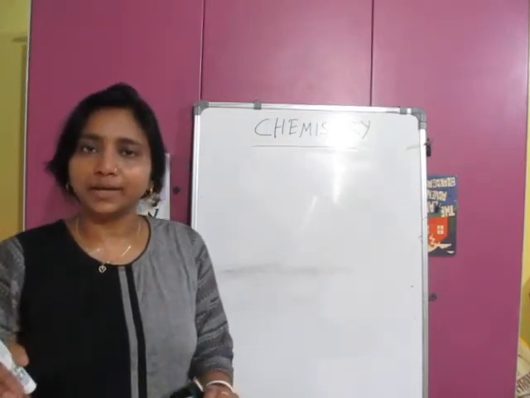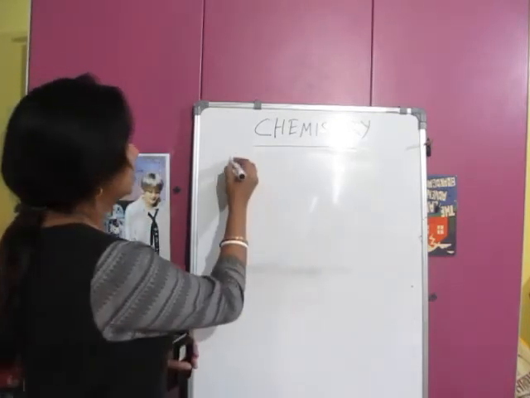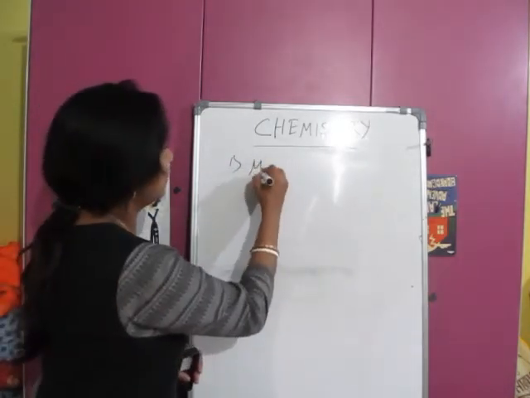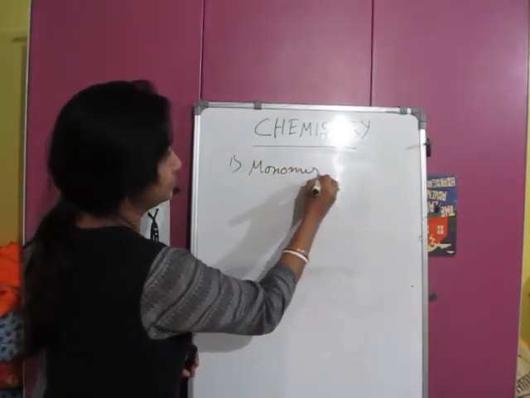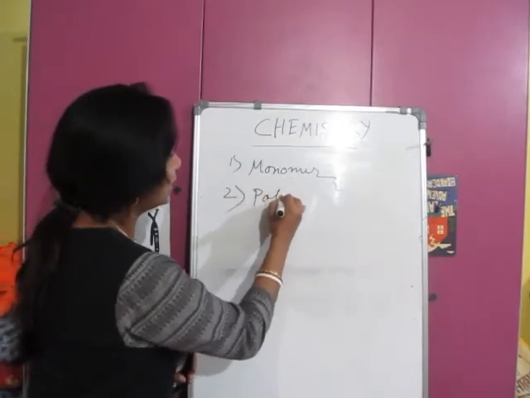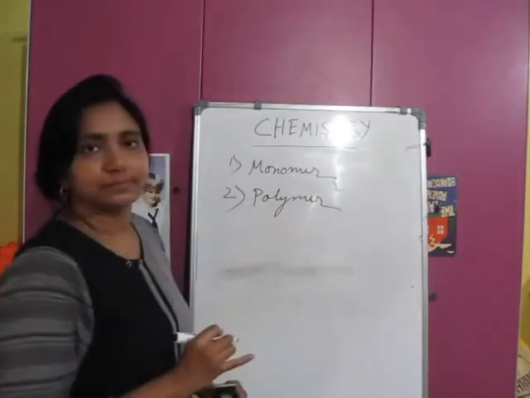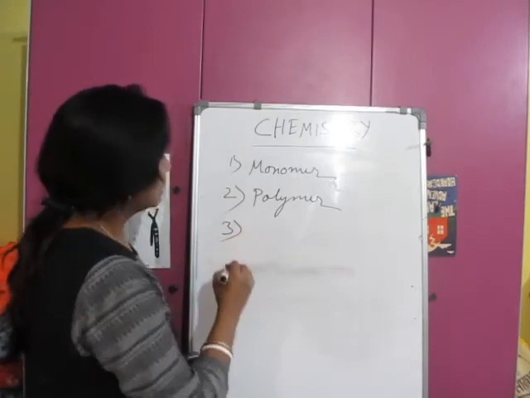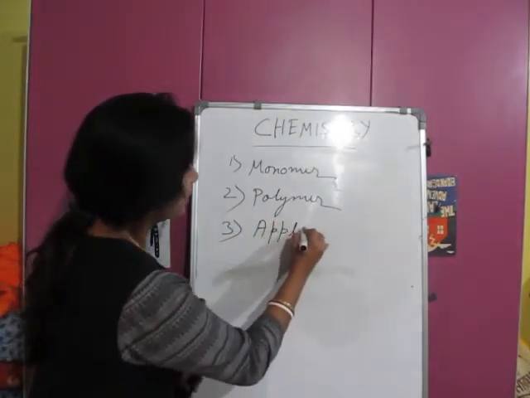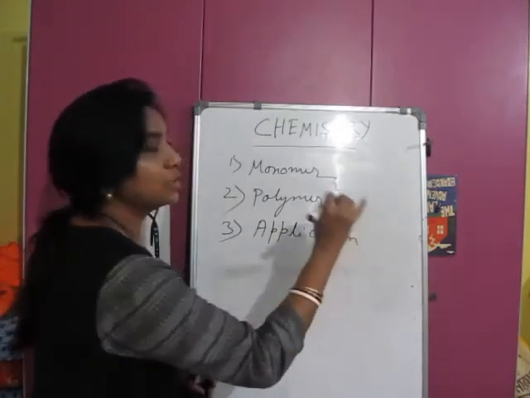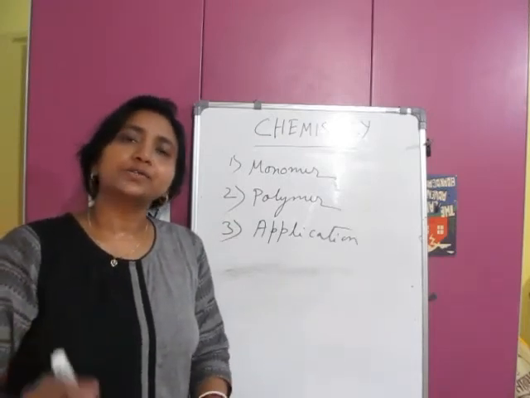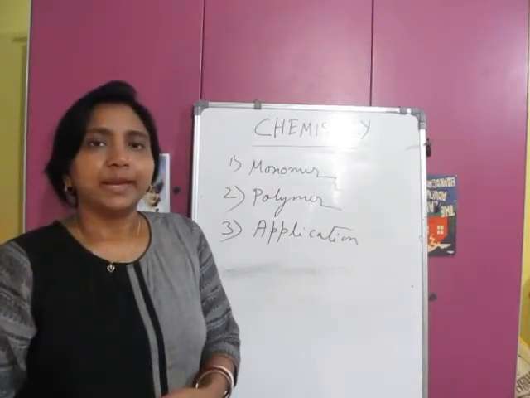What have you learned today? If I summarize, number one, you have learned the monomer. Number two, you have learned what a polymer is. Number three, you have learned the different applications of polymers, not only in our daily life but also in many engineering fields.